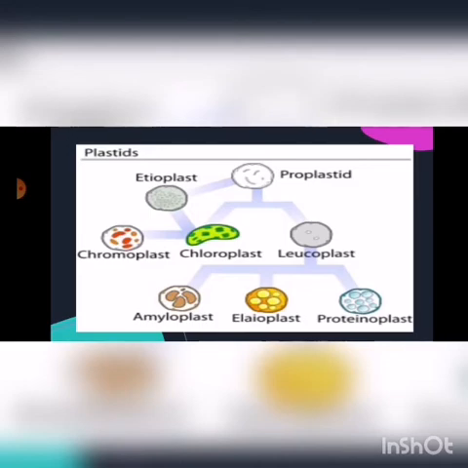First one, chloroplast. It is the chlorophyll that gives green color to the leaves. Chloroplasts trap solar energy and utilize this energy to manufacture food for the plant. The process name is photosynthesis.